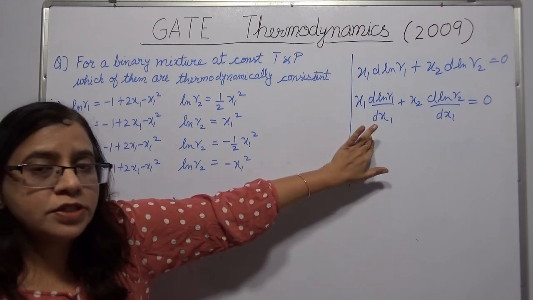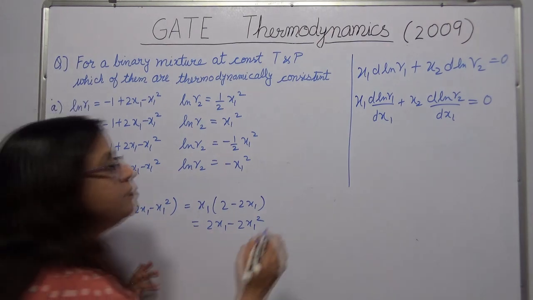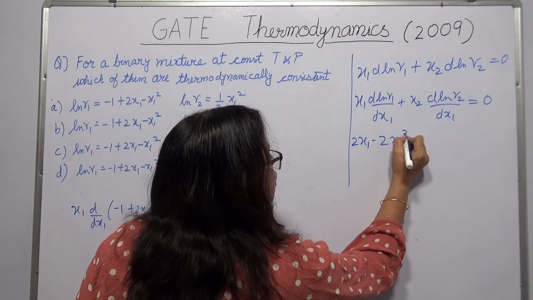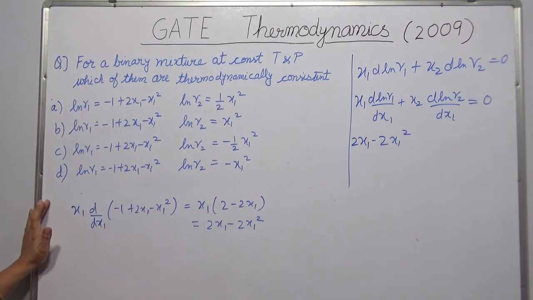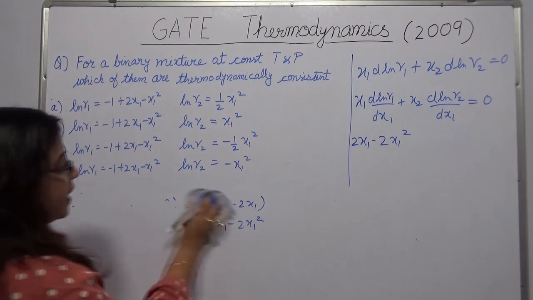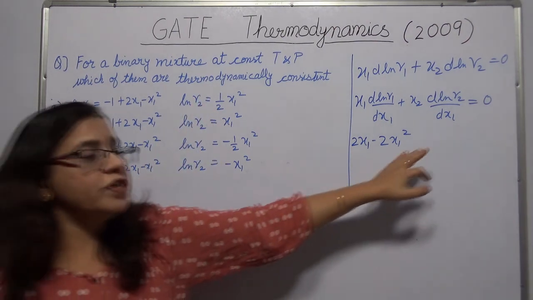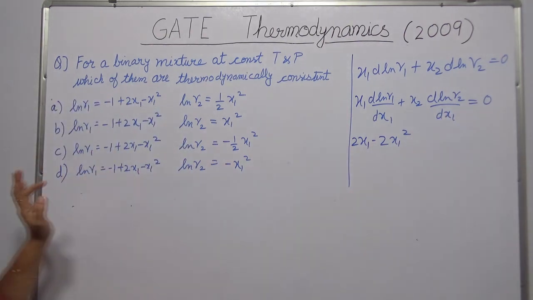Okay, so the first term in this equation becomes equal to 2x1 minus 2x1 square for all the 4 options. Now quickly we will find the derivative of these with respect to x1 and plug it in and see whether it becomes equal to 0 or not.